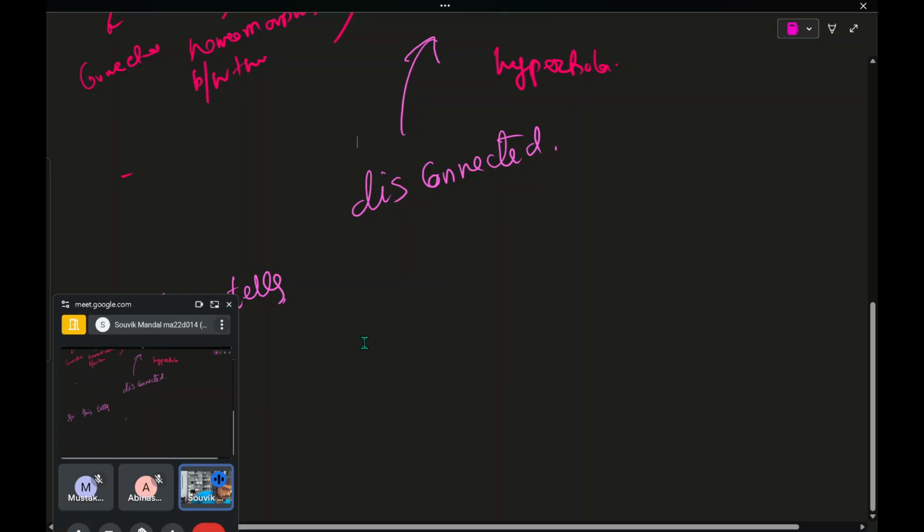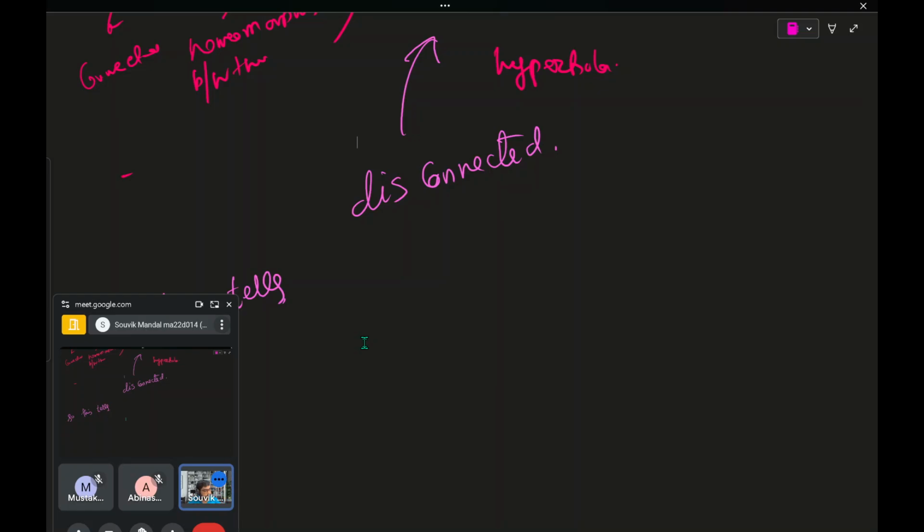So this tells us that the circle is not homeomorphic to the hyperbola.